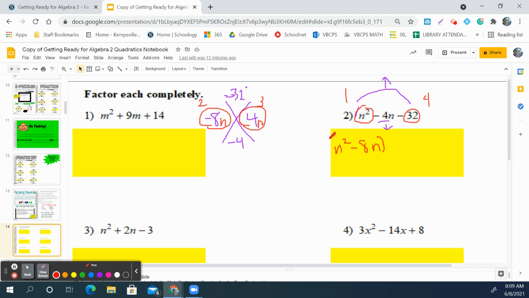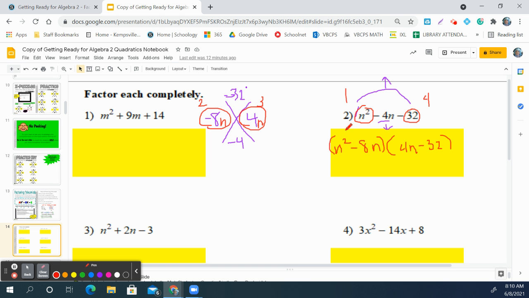Put those in parentheses, so first term and second term together: n squared minus 8n. Then you go to the third term, 4n, and the fourth term, minus 32. Okay? So that's how you put it back together. First term, second term, third term, fourth term. You're breaking apart that middle term and just inserting this part.